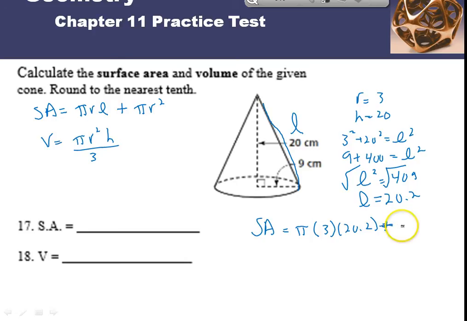Plus pi R squared, so pi 3 squared. So this would be 60.6 pi plus 9 pi, and that would be 69.6 pi.